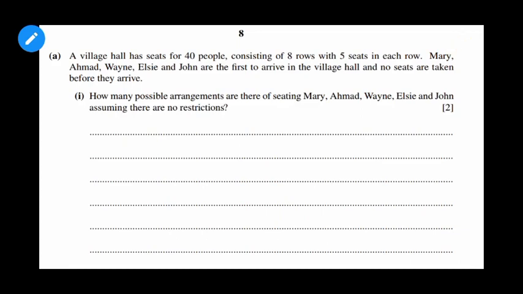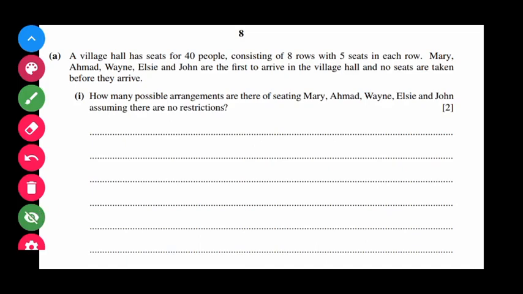Mary, Ahmad, Wayne, Elsie, and John are the first to arrive in the village hall, and no seats are taken before they arrive. How many possible arrangements are there of seating Mary, Ahmad, Wayne, Elsie, and John, assuming there are no restrictions?